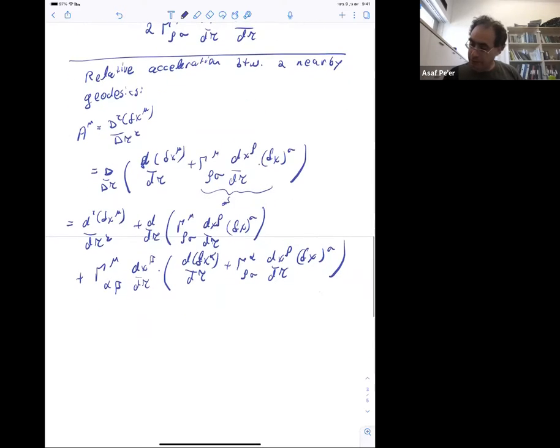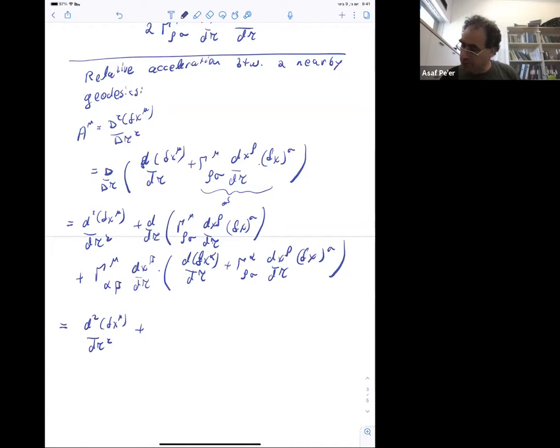So now it's just left to open it up. First, d²δx^μ/dτ² plus, okay, now it's a bit annoying.